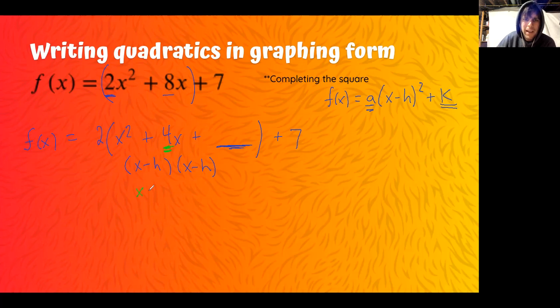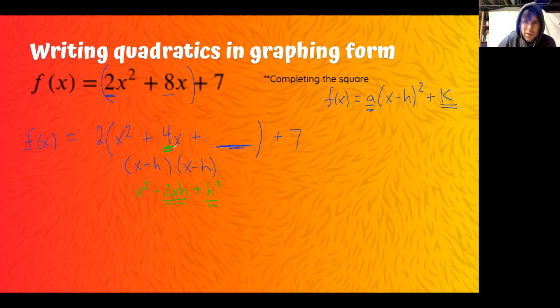They end up multiplying as x squared minus 2xh plus h squared. So this middle term is what we're looking at right here, and we need it to turn into that.